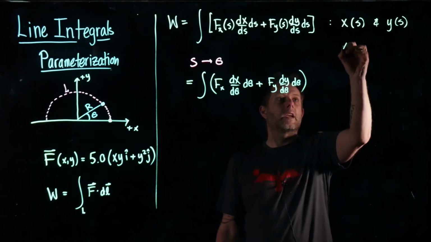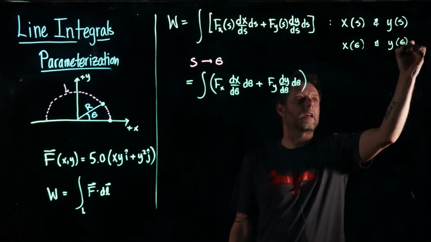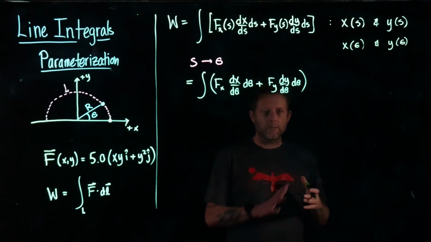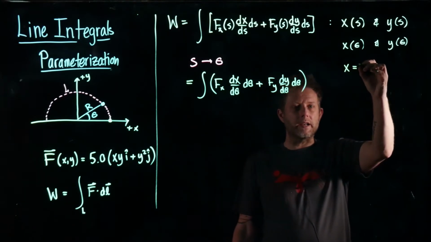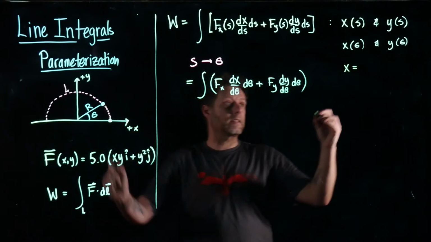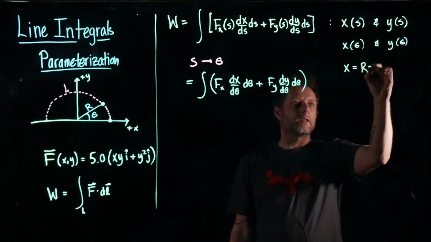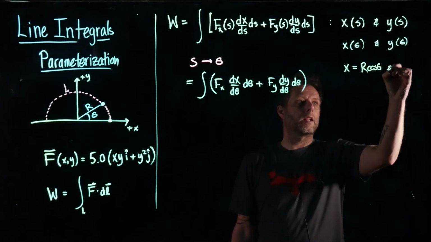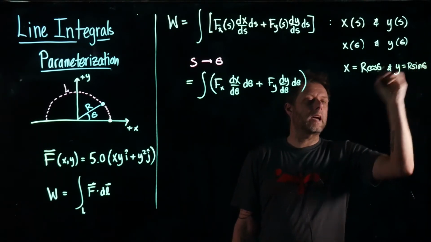So this becomes x as a function of theta and y as a function of theta. But from trigonometry, we know that x can be written as the radius, that's the projection down the x-axis, that's the coordinate, right? r is a constant, that's the radius, times cosine theta, and y is r sine theta.